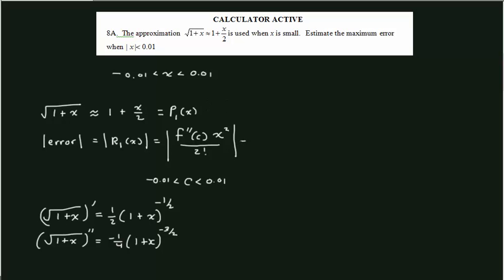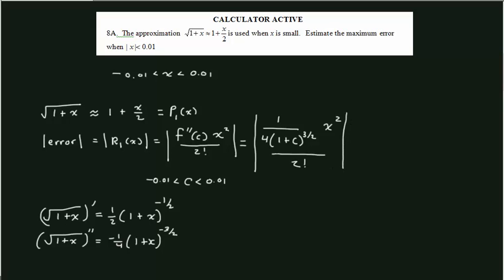So we're going to continue our equality here. So f double prime at c is going to be, we're going to put in the absolute value, so I'm going to get rid of the negative. 1/4 (1 plus c) to the power of 3 halves, x squared over 2 factorial.